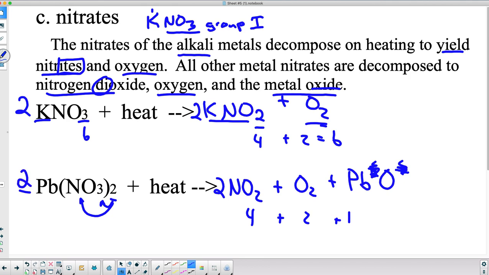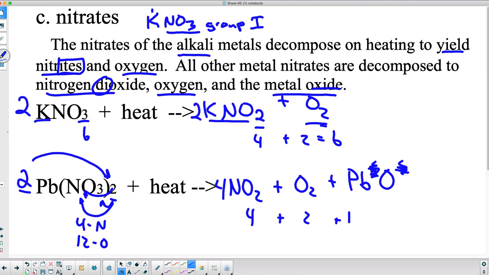So I put a 2 here to get 2 leads, and then that means I have 4 N's, because 2 times 2 times 1 gives me 4 N's. 2 times 2 times 3 gives me 12 oxygens. Okay? Now over here, if I need 4 nitrogens, that means I need to put a 4 in front there.